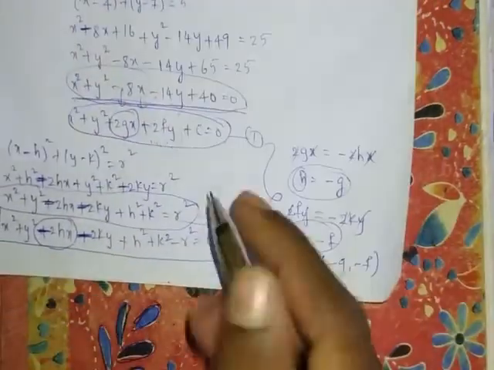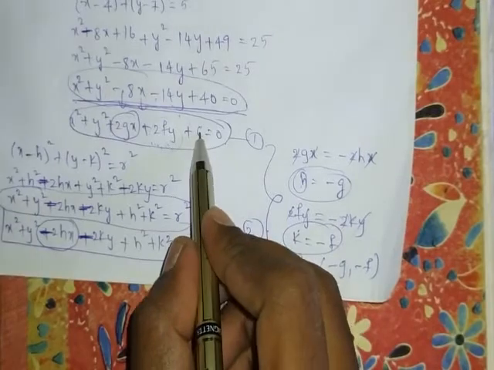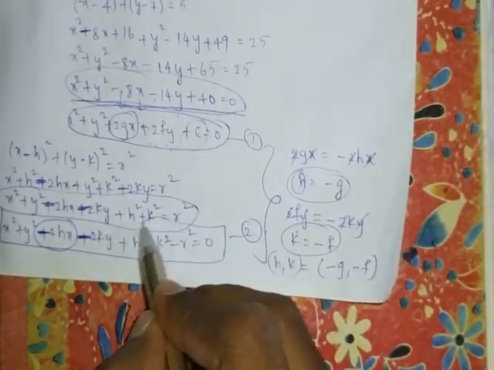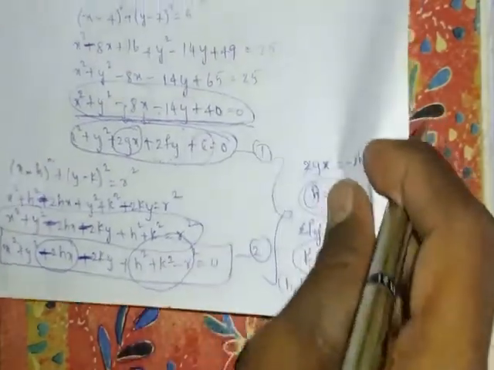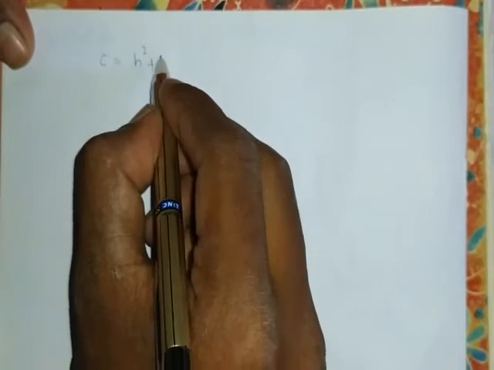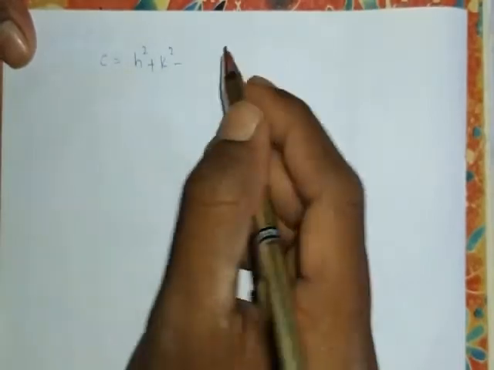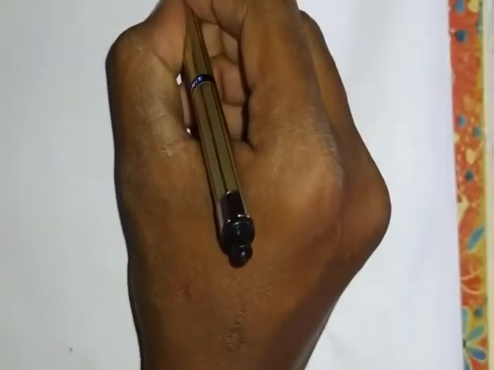If we compare here, c is equal to h square plus k square minus r square. So let's do it. Comparing with the previous equation, we get the c value as h square plus k square minus r square.